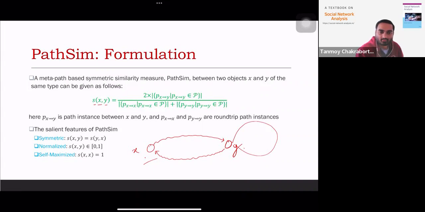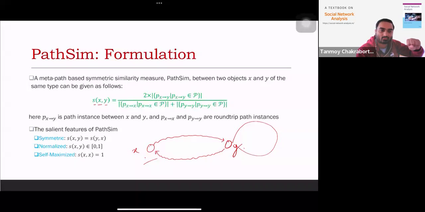Right? So it is saying that out of all the round trip metapaths of X and Y, how many of them connect X and Y?